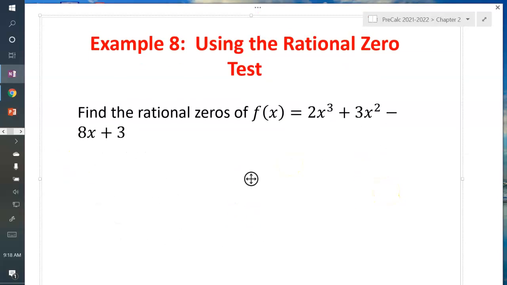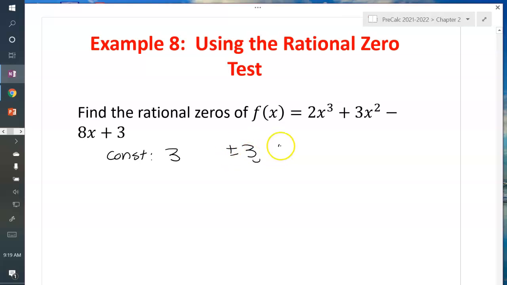We're going to use the rational zero test to find the rational zeros of 2x cubed plus 3x squared plus 8x minus 3. So we're going to get the factors of our constant. That's 3. So your factors of 3 are plus and minus 3 and plus and minus 1. We also need to get the factors of our coefficient, which is 2, plus and minus 2, plus and minus 1.